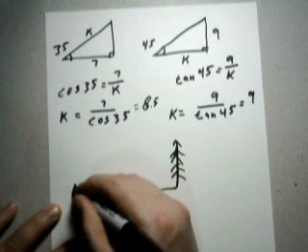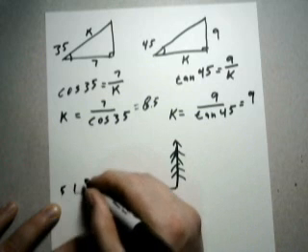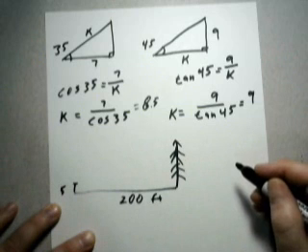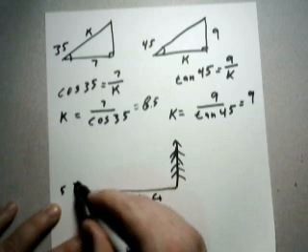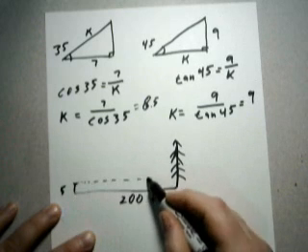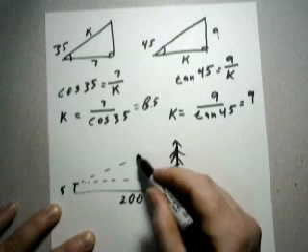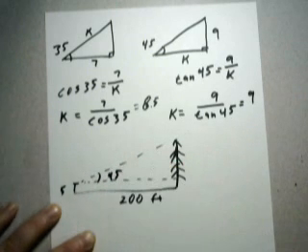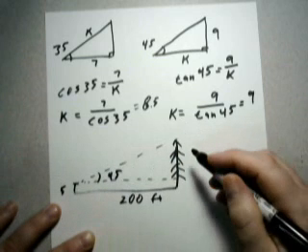The transit is 5 feet. And let's see, what is the angle? The angle of elevation from this spot right here is 45. What is the height of the tree?